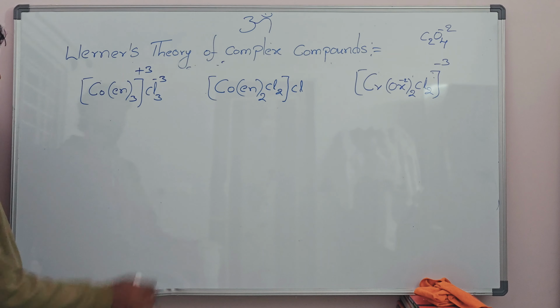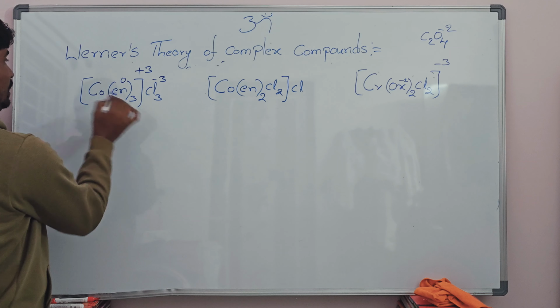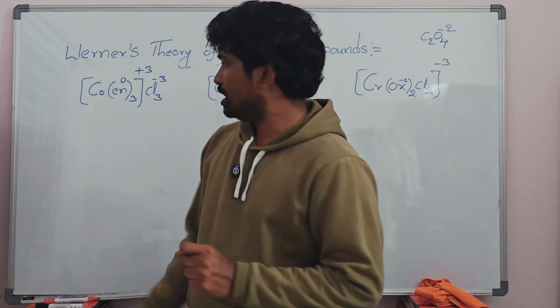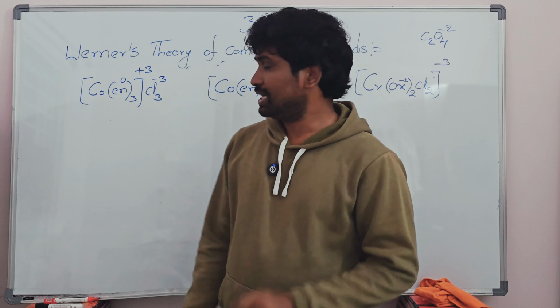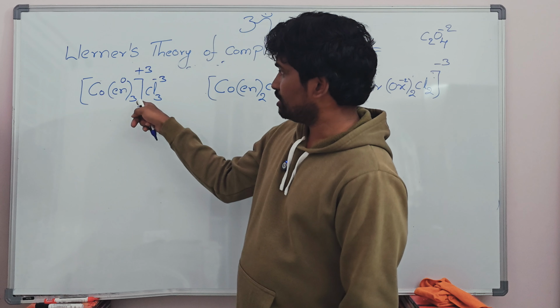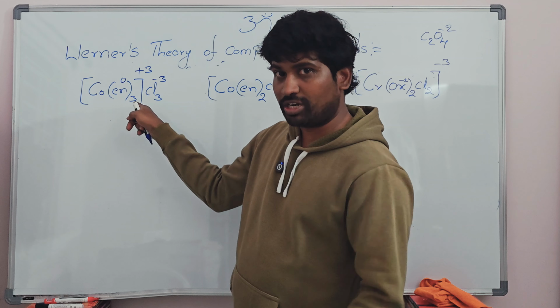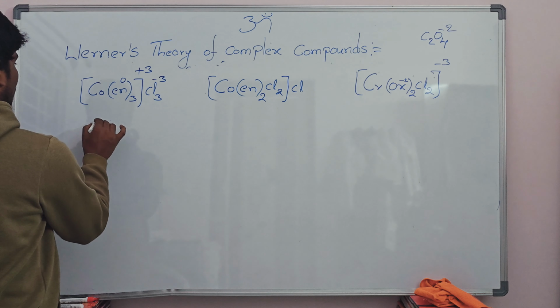That is a neutral ligand, charge is 0. So cobalt's charge is +3. Ethane-1,2-diamine, as you know, is a bidentate ligand. First of all, a bidentate ligand has 2 donor atoms. How many are present here? Three, each having 2 donor atoms. 2 into 3 is 6. The coordination number is 6. So the secondary valency is 6.